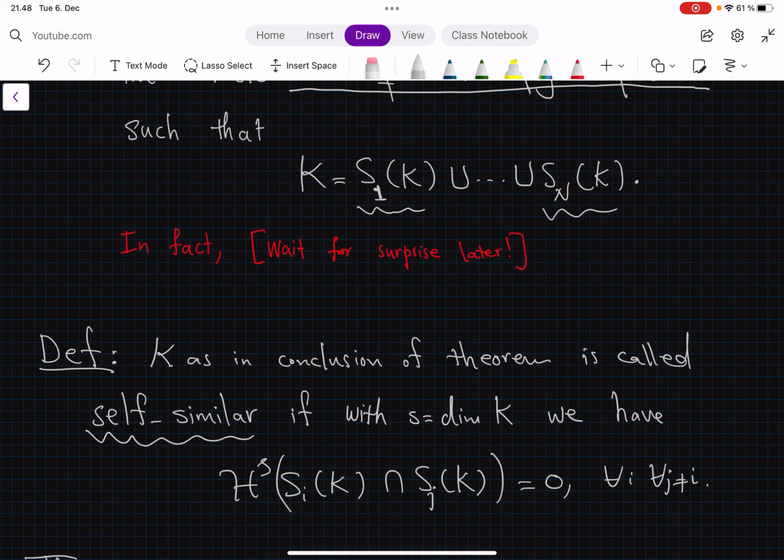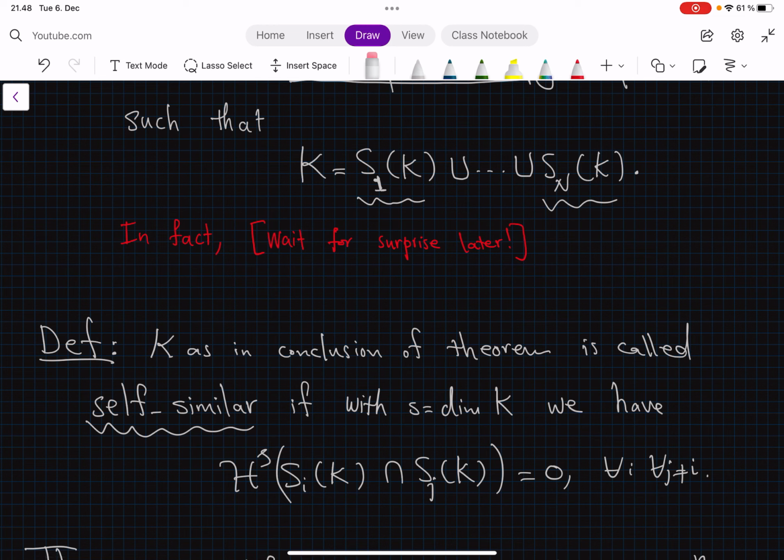So K is as above, so you have a bunch of similitudes. Then K is the unique invariant set for them. But that doesn't make it a self-similar set unless we have this condition that K has some dimension s. We don't know that yet. We will soon.